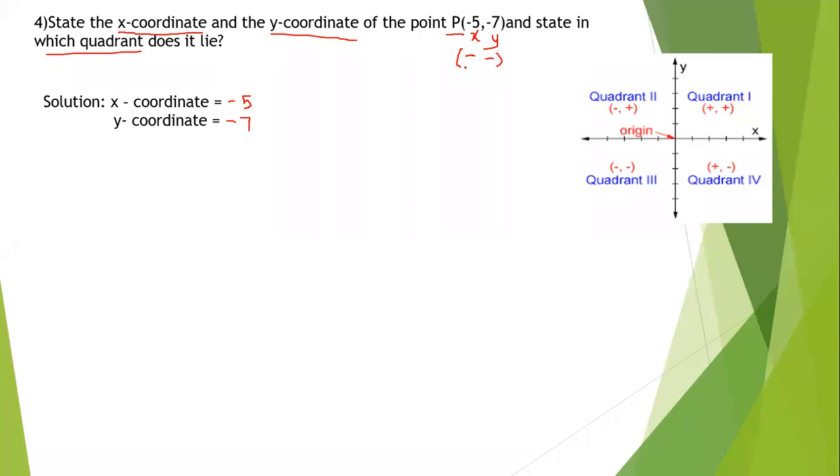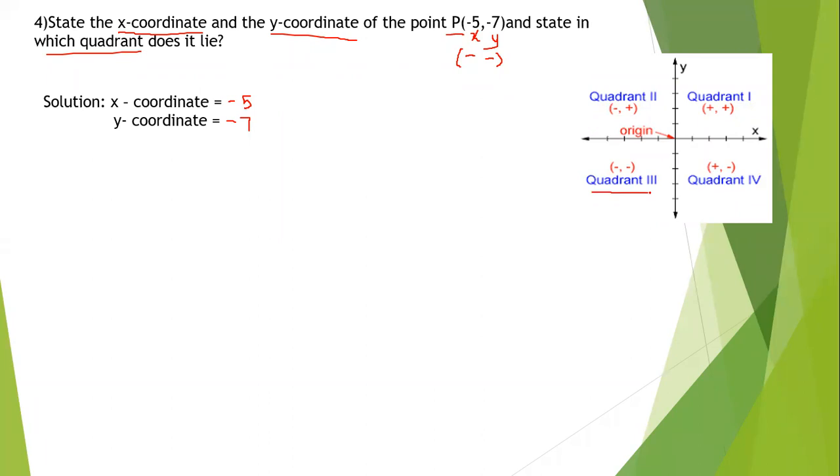So both we got minus. Now look over here. Which quadrant has both the signs as minus? Or we can say both the coordinates are negative. This is quadrant 1, plus. This is quadrant 2, minus. This is quadrant 3, minus. So the point P lies in the third quadrant.